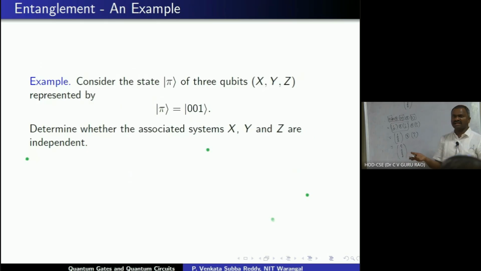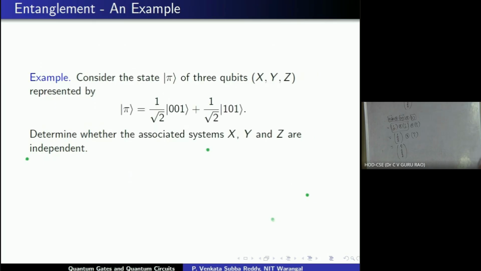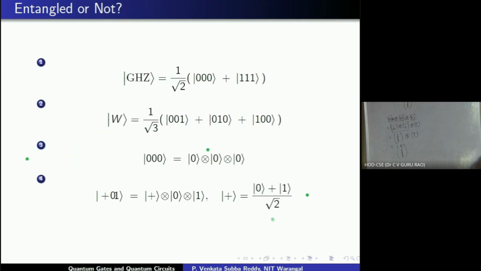I am able to write it as tensor product of individual system states, no? Hence it is a product state or entangled state? Product state. They are nowhere related, only together in name. Okay, there are some examples you can try. This also.